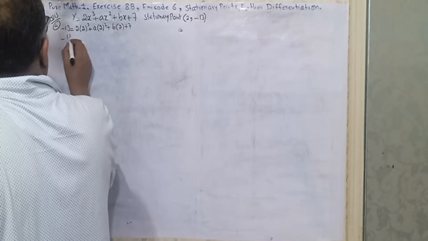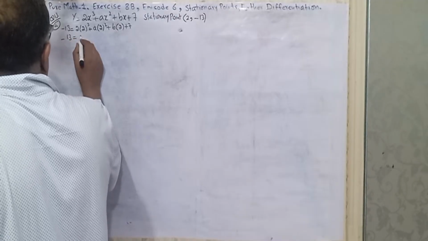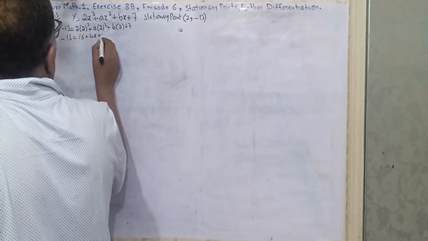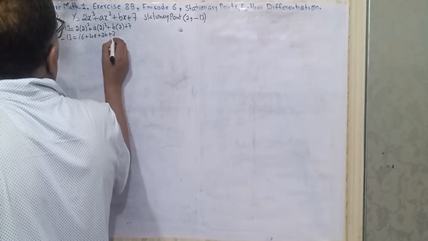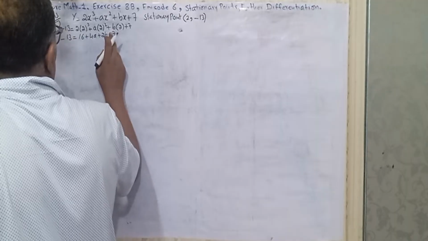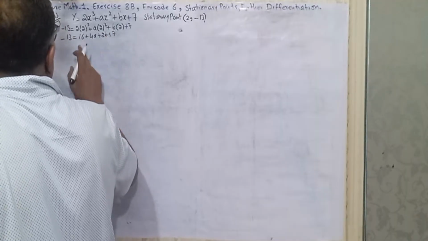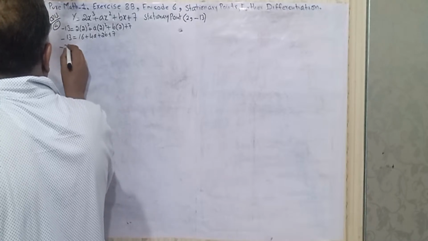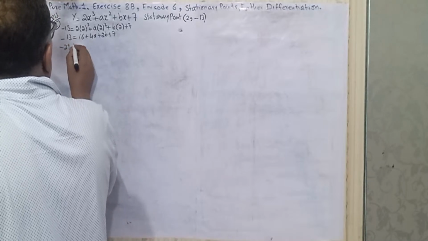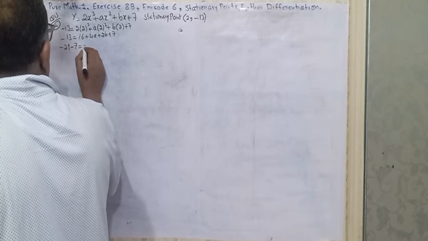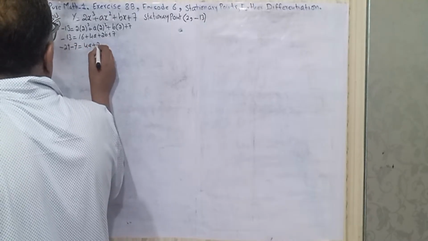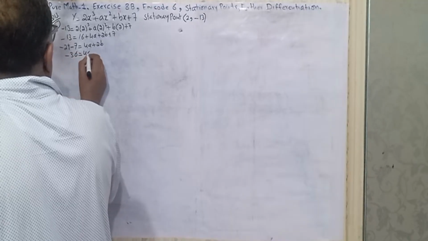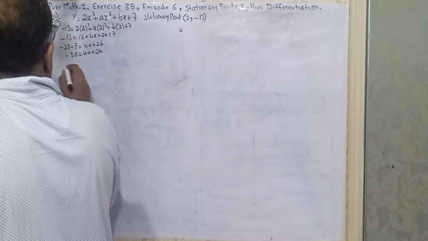So -13 is equal to 8, 8 twos are 16, plus 4a plus 2b plus 7. So 7 plus 16, take this to the other side. This will become -29, and then -7, so that equals 4a plus 2b. This will become -36 equals 4a plus 2b. Divide everything by 2.